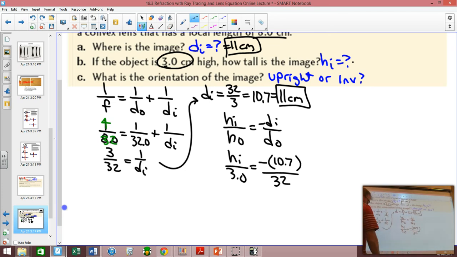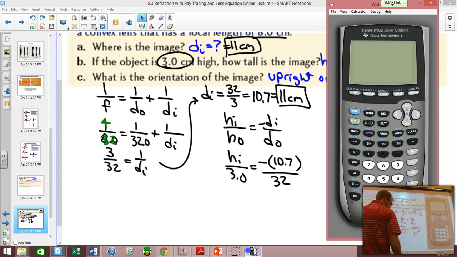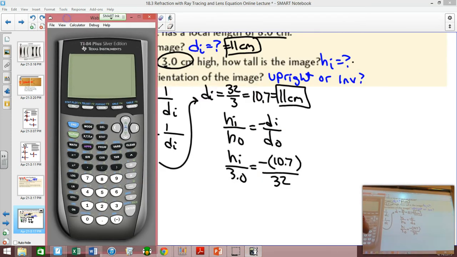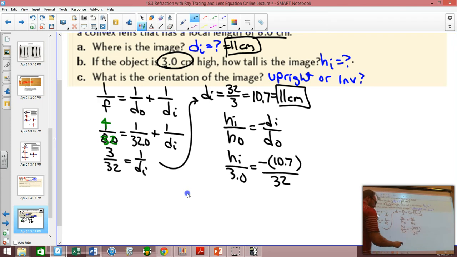Here I might need to bust out my calculator. So I'm going to cross multiply and divide here: 10.7 times 3, and this is going to be negative, by the way, and then I divide by 32. It's like 1. The height of my image is negative 1.